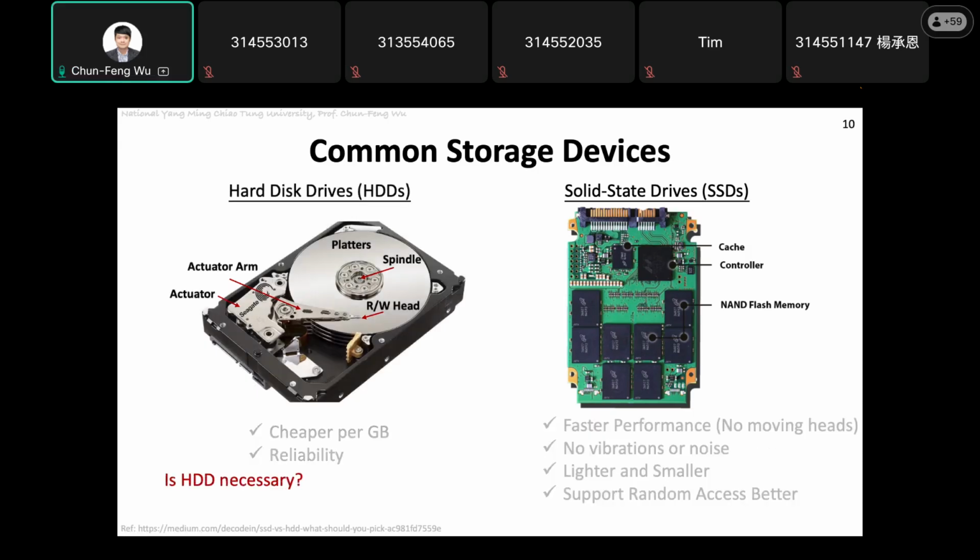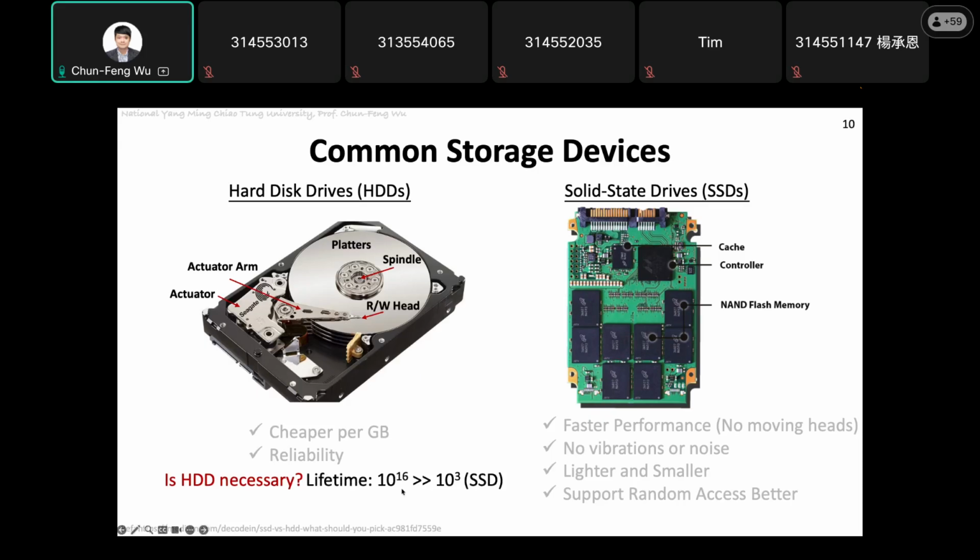So is the hard disk drive still necessary if the solid state drive is now so cheap and so fast? What is the hard disk drive for? I think the answer is quite obvious: it is the lifetime. The lifetime of a hard disk drive is 10 to the 16, but for an SSD now, the lifetime is only 10 to the 3.